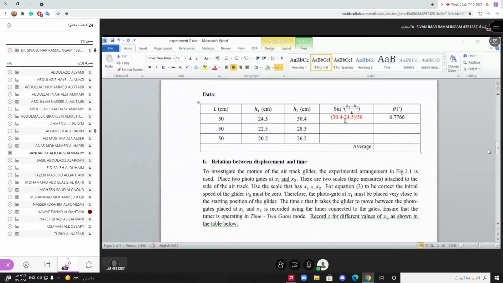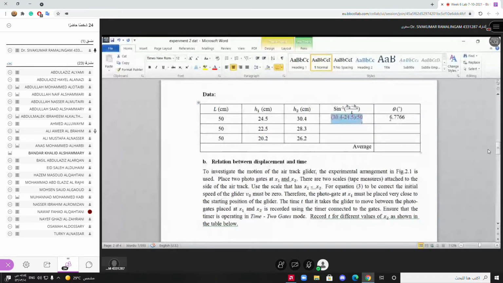Now here, the theta I want to calculate. The theta can be calculated by using sine inverse of h2 minus h1 by L. This is h2 minus h1 by L only. h2 is 30.4 and h1 is 24.5, divided by 50.